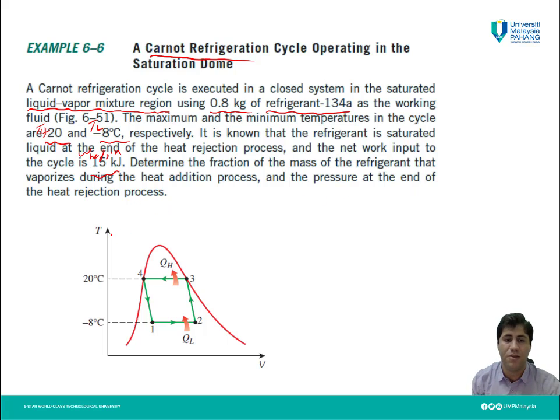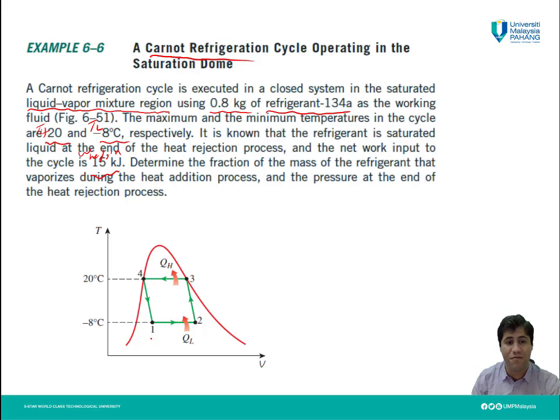First of all, let's see how we can draw this TS diagram for this cycle. As you may know, in a Carnot cycle, we have two isothermal and two adiabatic processes.